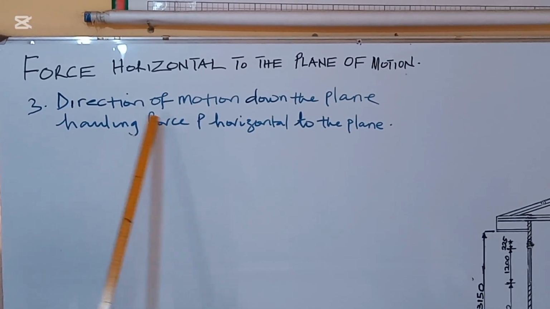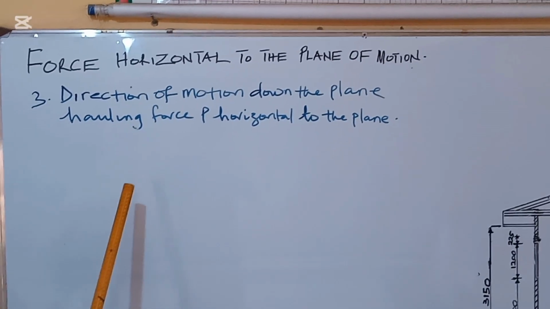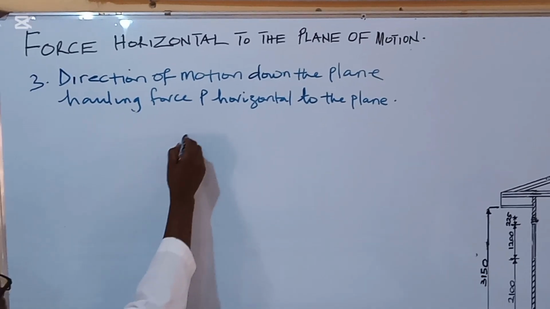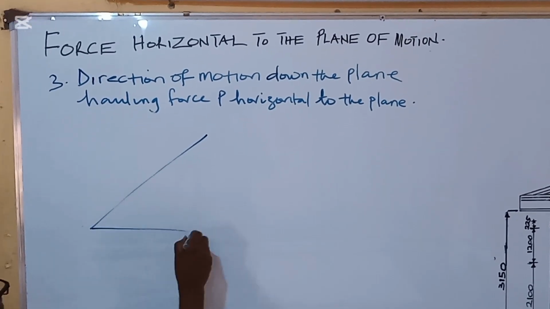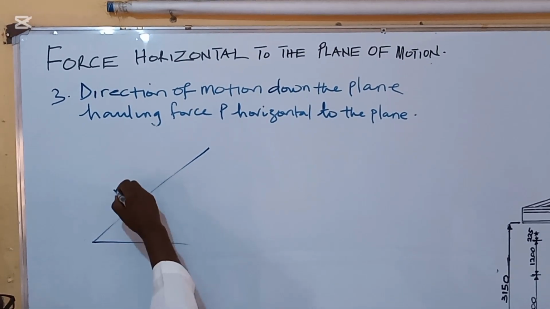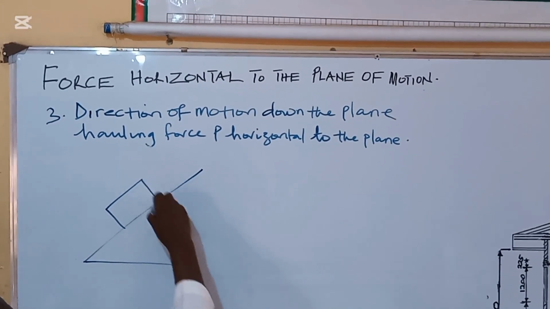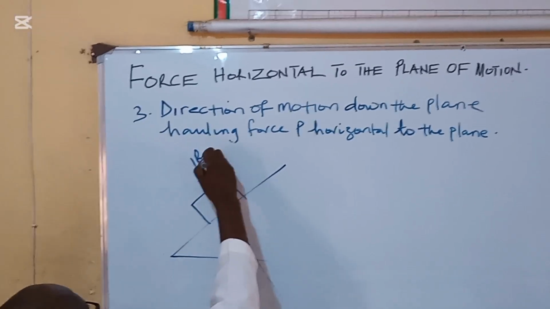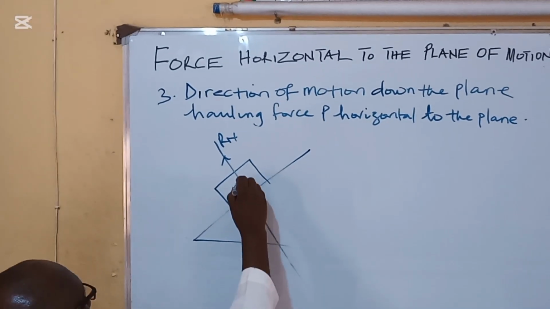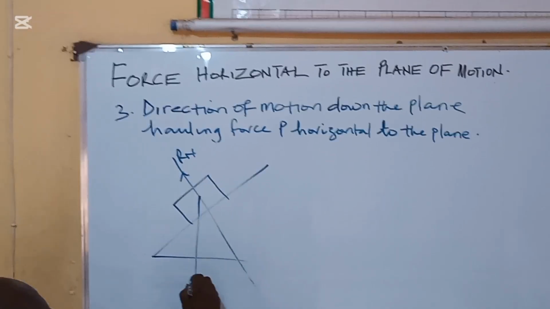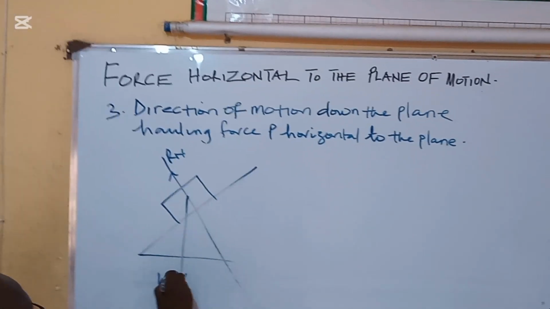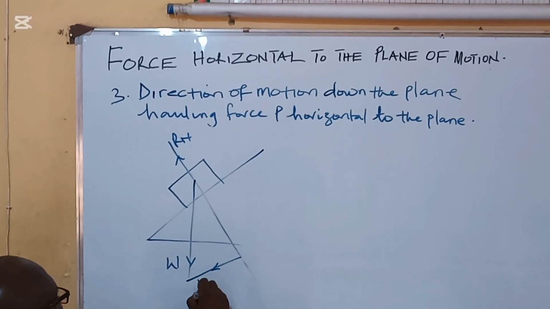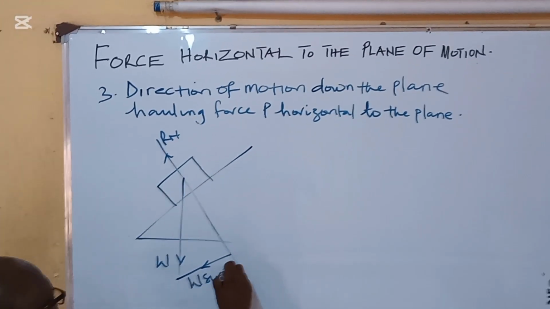We take direction of motion down the plane, hauling force P horizontal to the plane. Now, if I draw the inclined plane this way, and I put the body like this, right? Normal reaction, Rn, the weight acting downwards, which is W. The component of the weight parallel to the plane, I put it W sine theta.